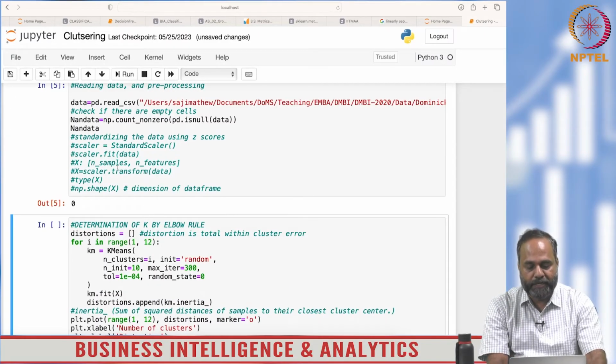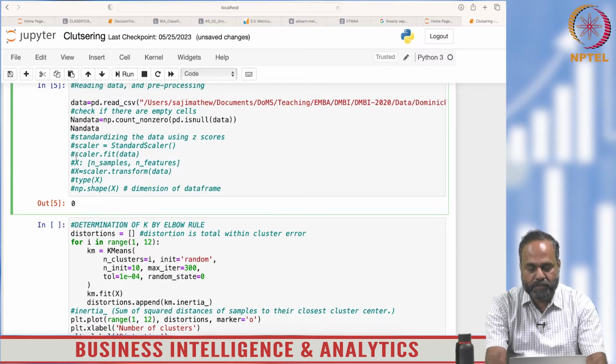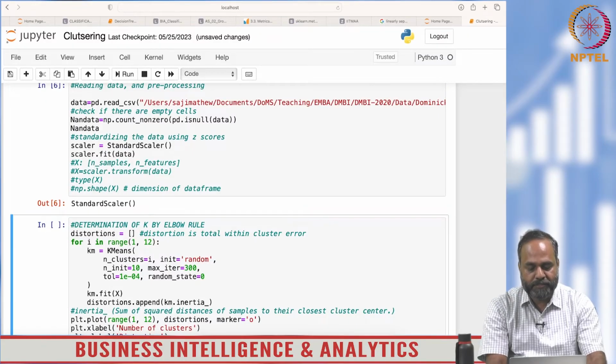There is no missing data, and that is the output. I am now scaling the data using the StandardScaler, that is the next step that is done.